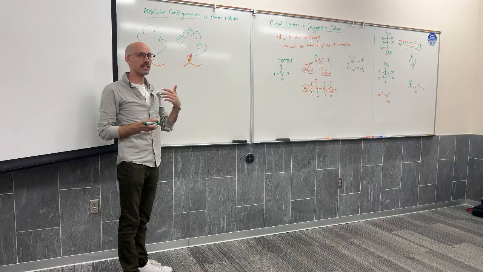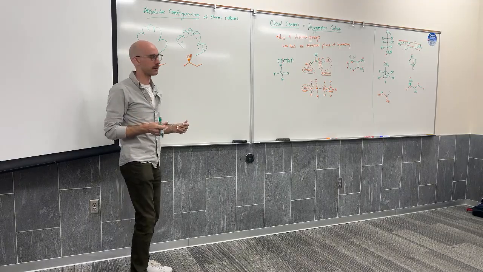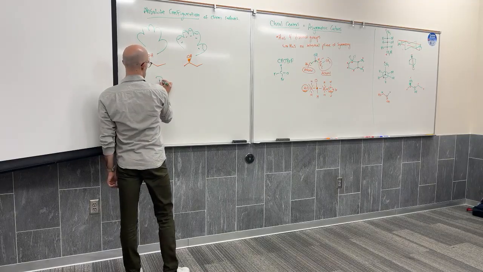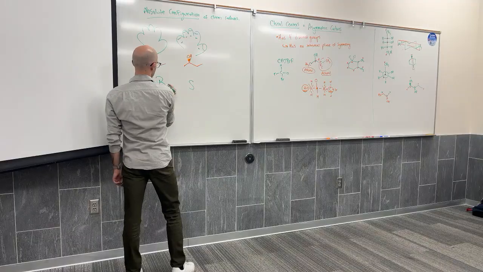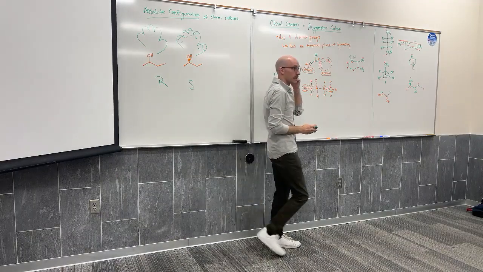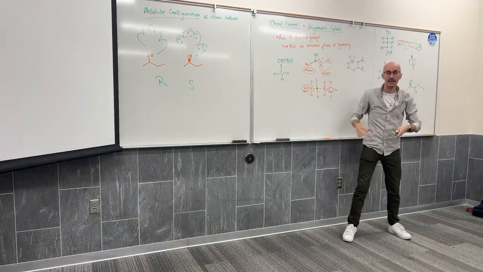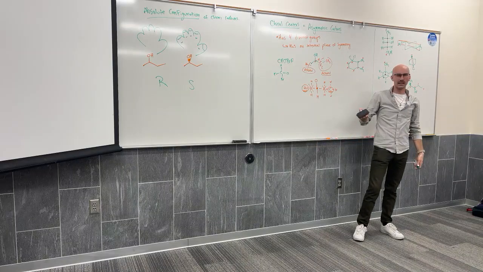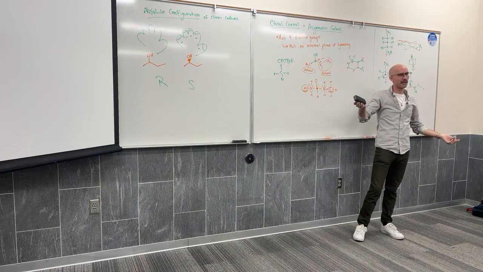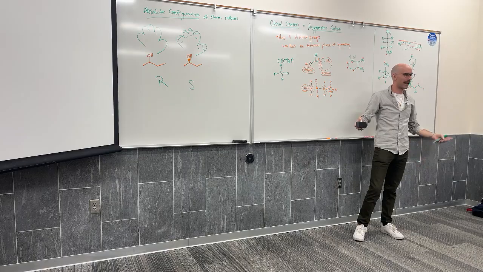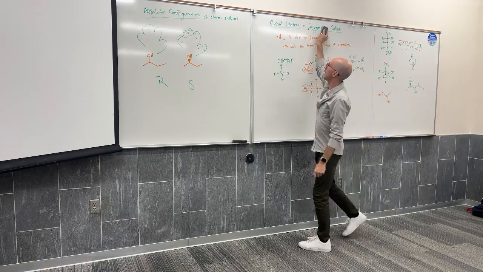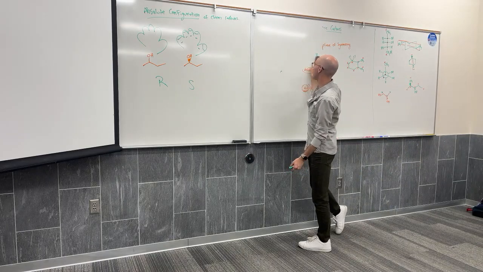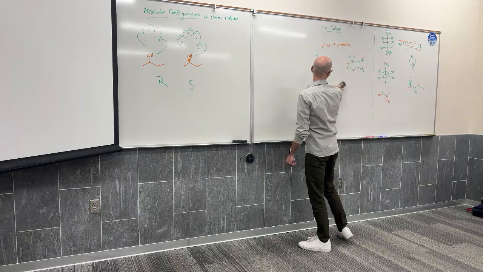So we're going to call the absolute configurations R and S. These are just the terms that we'll give to it. They also come from Latin for basically good and bad. I forget all the time, but S is sinister. It does mean good and bad, but it also means right and left.